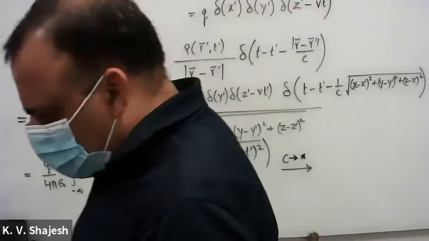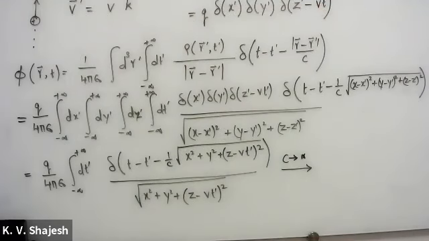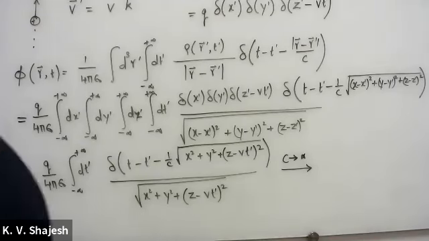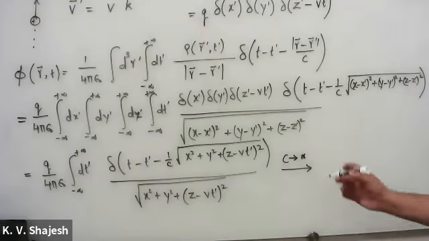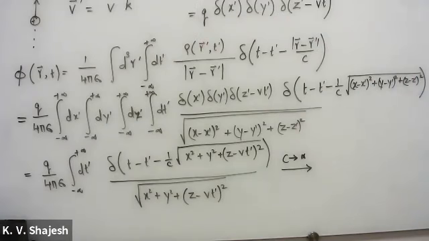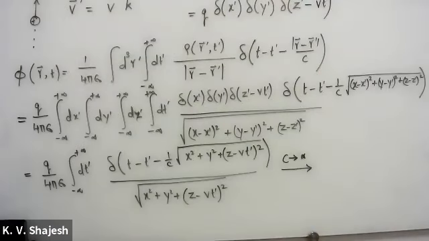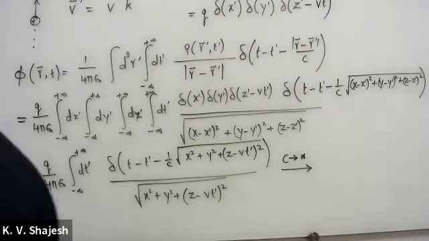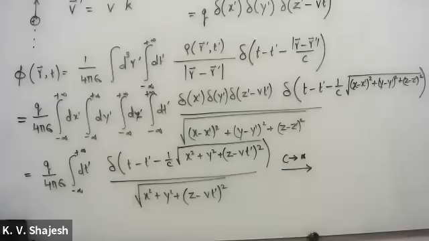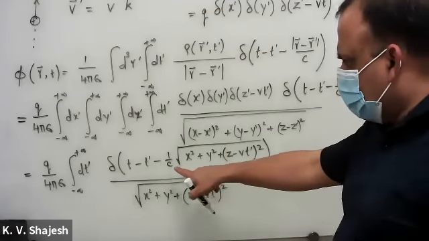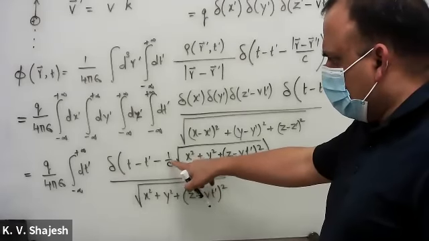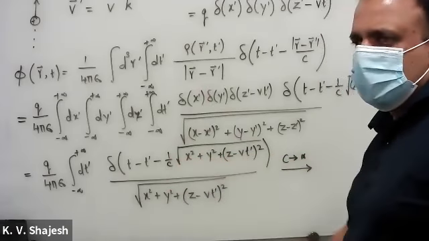And remember, c tends to infinity means the signal goes at a very fast pace, so it instantaneously reaches. Imagine you are observing and the charge is going. So what do you expect for c tends to infinity? First thing is that 1 over c is 0, right?